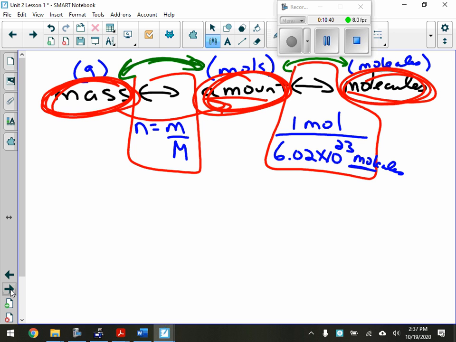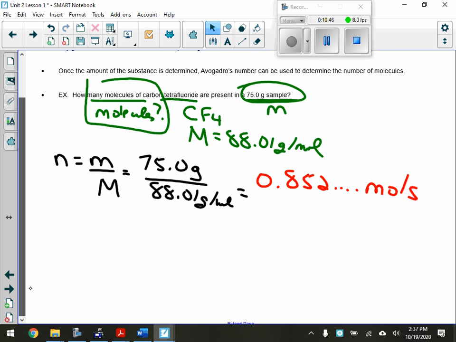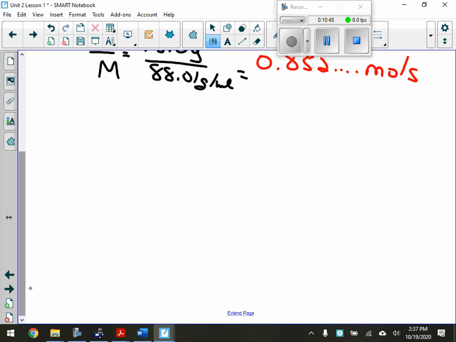Now, how do I get to molecules? Well, I'm going to use this little ratio thing here. So what does that look like? Well, 0.852 moles. By the way, I put the little dots there to say that this number keeps going for a while.